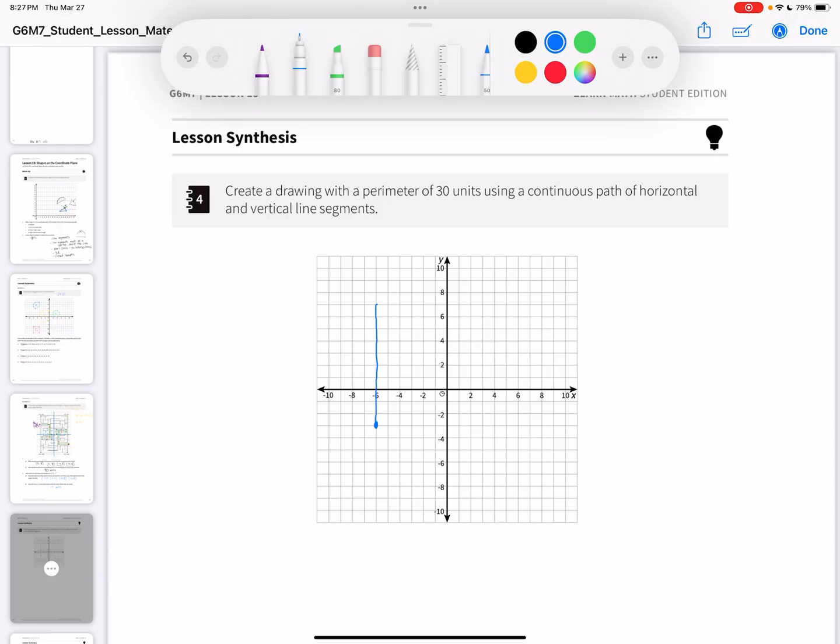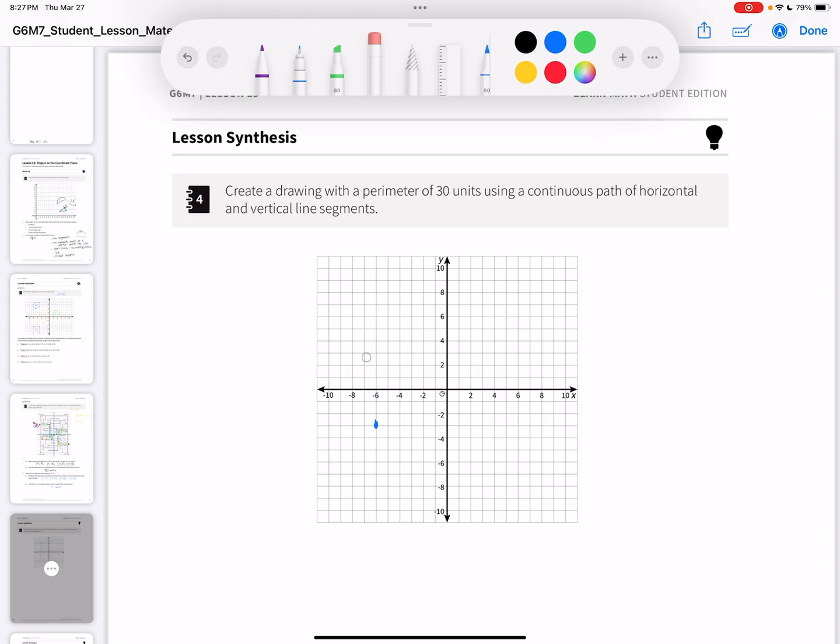So there's another dot. And then 11, 12, 13, 14, 15, 16, 17, 18, 19, 20, but I have to do more than 4. So I'm going to redo this.